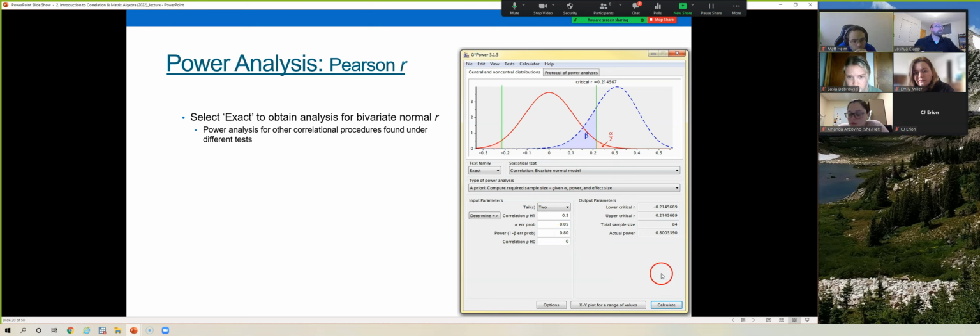G*Power is saying I need at least 84 people in my sample to reject the null hypothesis at least 80% of the time. Okay, so things are pretty straightforward for testing power of correlations in G*Power. Questions with this?